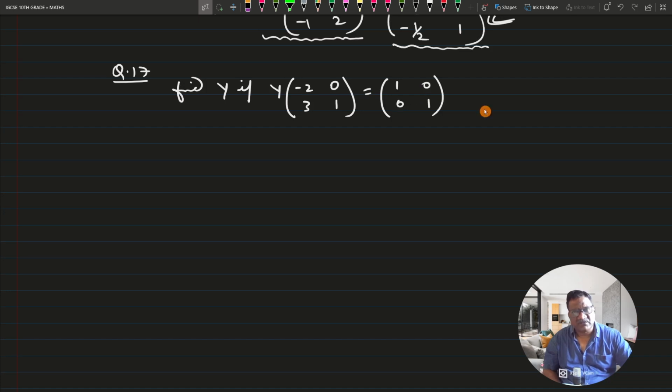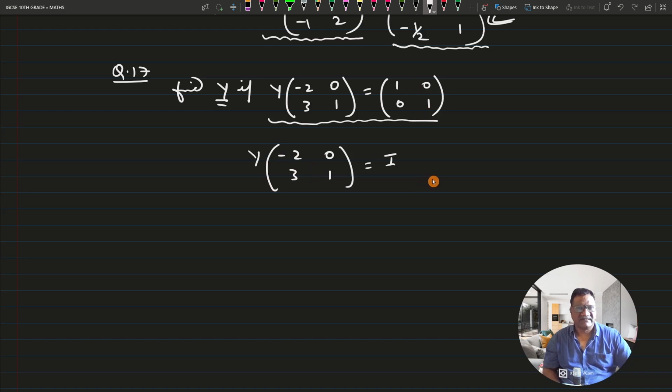Okay. So you have to find out the matrix y if this is given to you. Okay. Now here you can see that y is a matrix multiplied by this minus 2, 0, 3 and 1 is giving you this identity matrix I, isn't it?